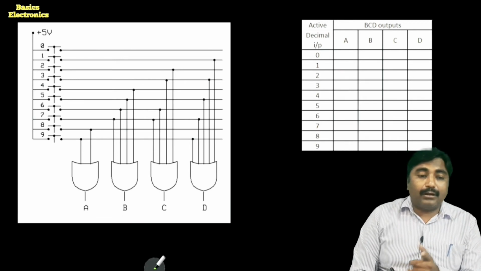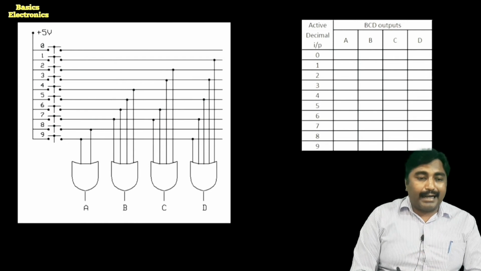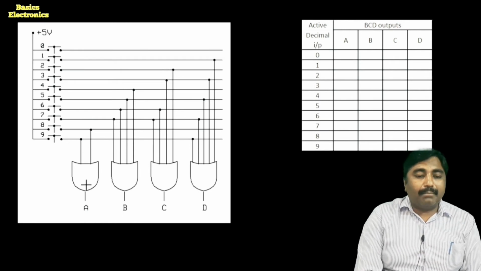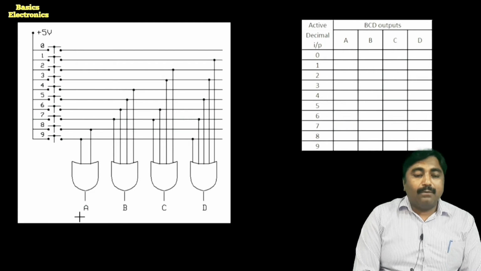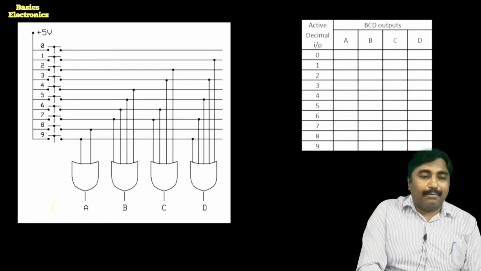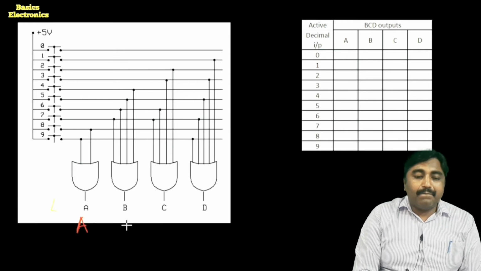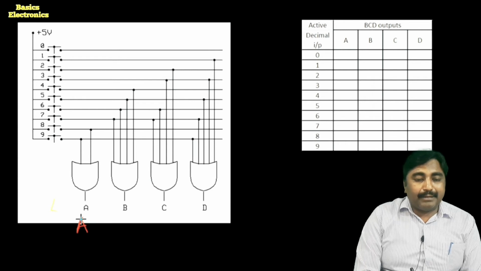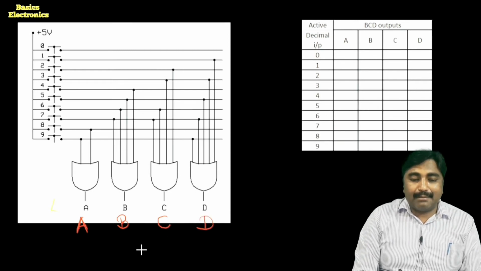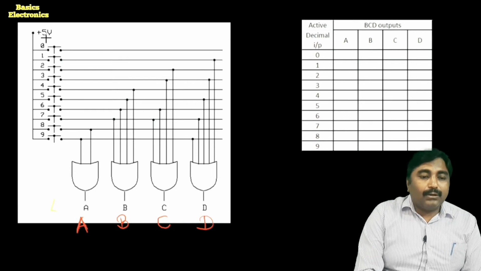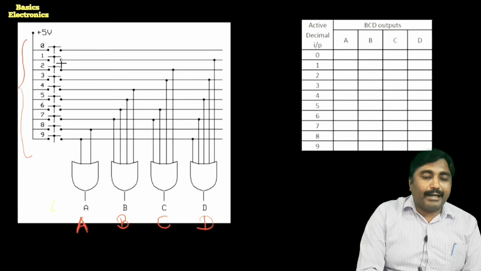Here we are using 4 gates. One, the MS bit, has the output A. The next gate has the output B, the next has the output C, and the LS bit has the output D. Okay, so here we are using 10 switches.